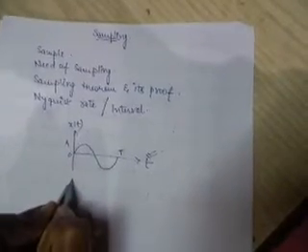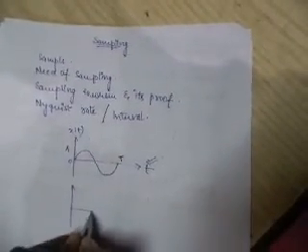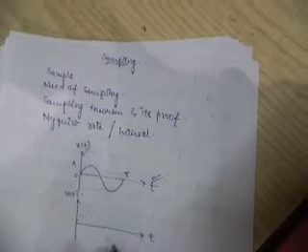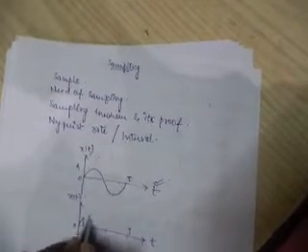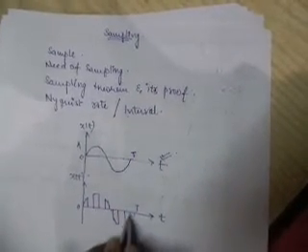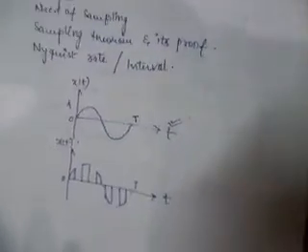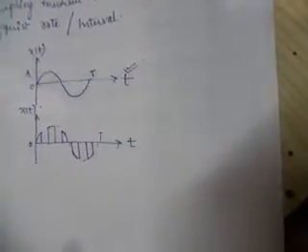On the other hand, if I transmit a signal which is something like this, which has samples instead of a complete signal like this, then what is the difference in these two signals?